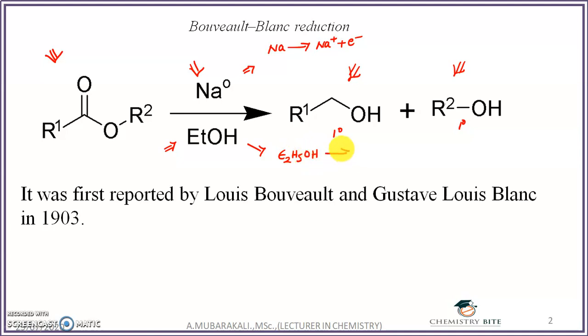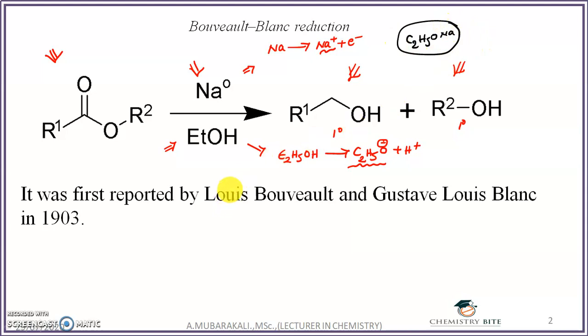So it works as the proton source wherever there is a deficiency of protons. Ethyl alcohol will donate its proton in the form of H plus and the ethoxide ion will come out. This ethoxide ion and the sodium will come out in the form of sodium ethoxide. However many ethyl alcohols you are using, that many sodium ethoxide molecules will come out.